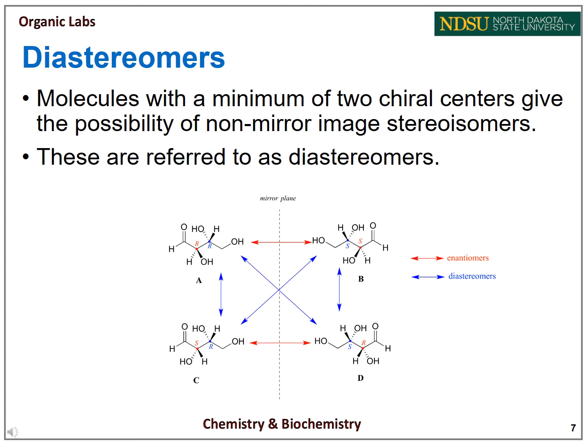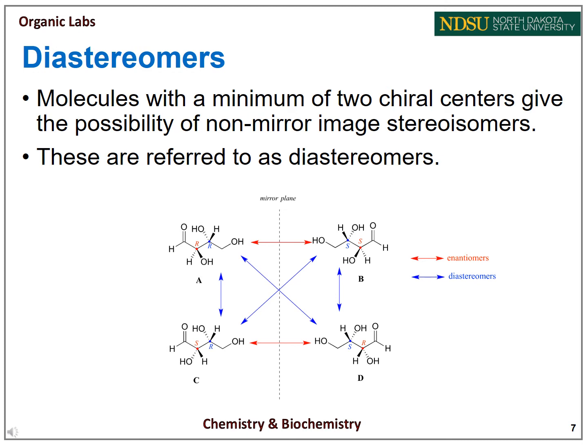Molecules which contain multiple chiral centers have the possibility of containing non-mirror image stereoisomers, which are known as diastereomers. Looking at this example, molecule A has an RR configuration and B has an SS configuration, so those 2 would be enantiomers.